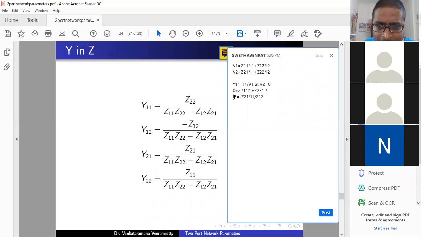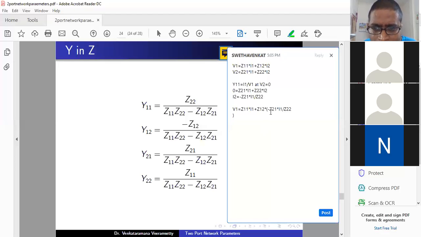Now replace this I2 in the first equation: V1 equal to Z11 into I1 plus Z12 multiplied by I2, and copy the I2 value here.